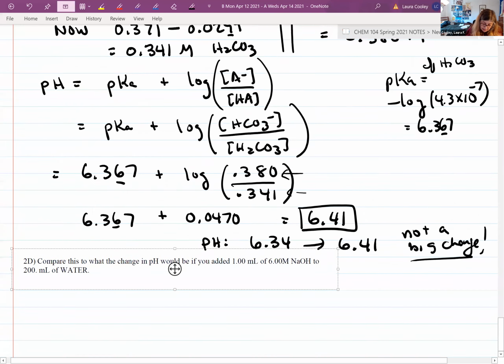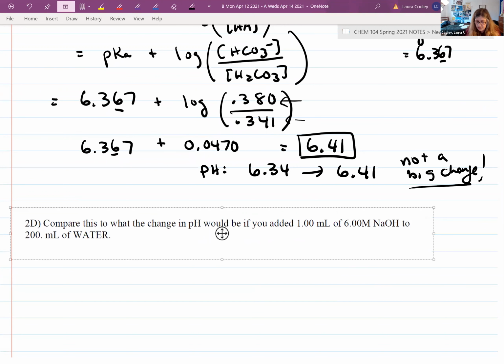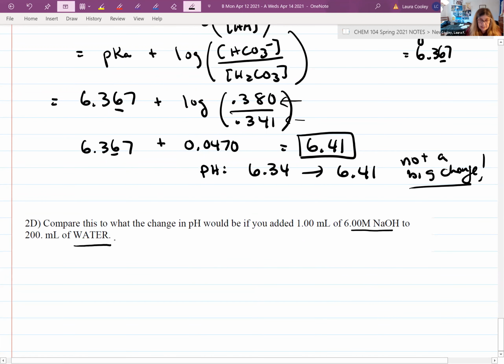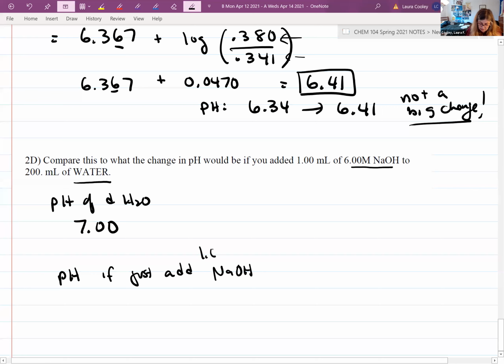Okay, but of course you might ask the question, what would happen if you added the NaOH to water instead? The pH of water, again, is 7. And now, what is the pH if you just add 1 milliliter of 6 molar NaOH to 200 milliliters of water? We've done this calculation 3 times now, right? It's the same dilution calculation.